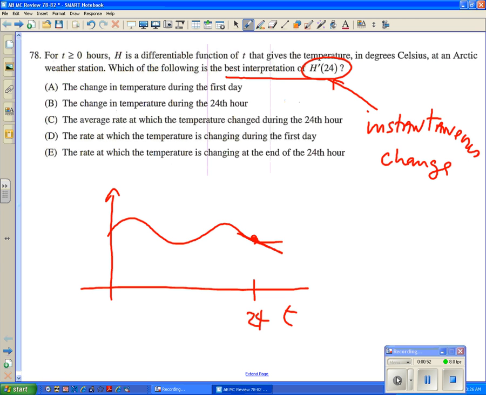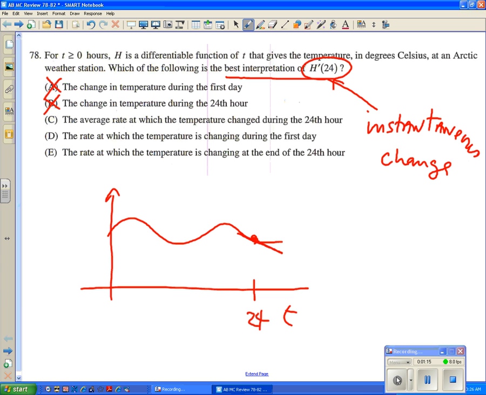So it's not the change in temperature during the first day. It's clearly not A, and it's not during the 24th hour. It would be not during it, it would be at the end of the 24th hour or at hour 24.